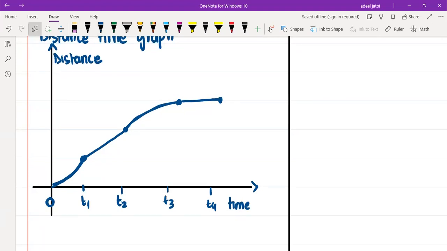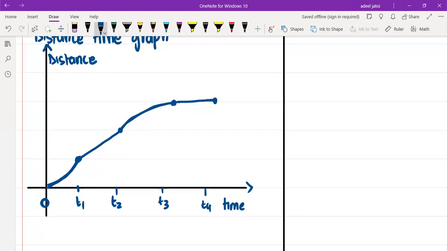So there are pointers that you need to understand here. This graph is showing from 0 to T1 increasing speed, or we can say it is an accelerating body.